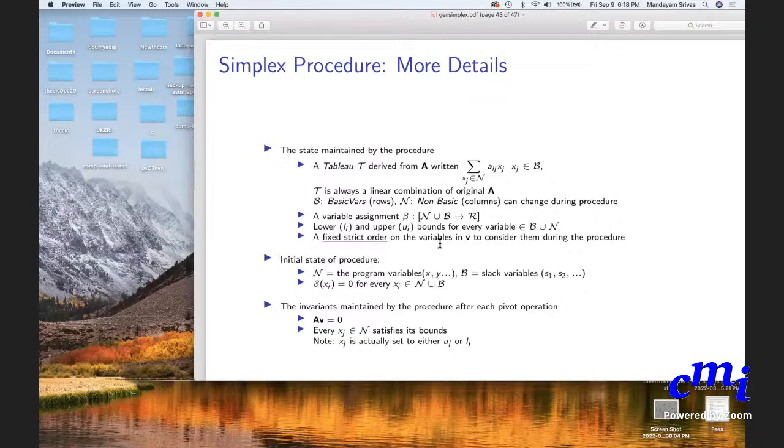And the strict ordering on the variables ensures that there is no loop in the sequence of configurations that the simplex procedure explores, and whenever there is a solution, that it indeed gets to a satisfying solution. So the termination argument is based on the fact that there are no loops in the sequence of configurations that the simplex procedure explores.